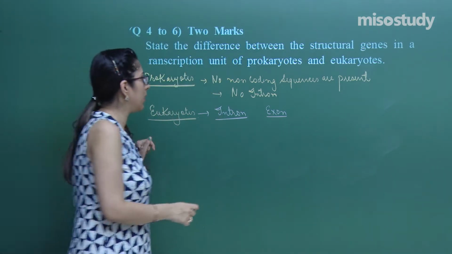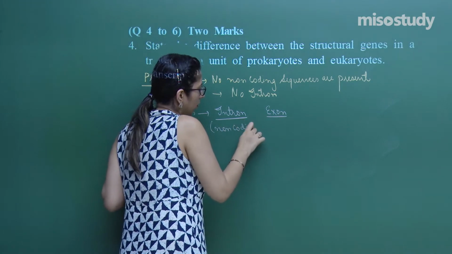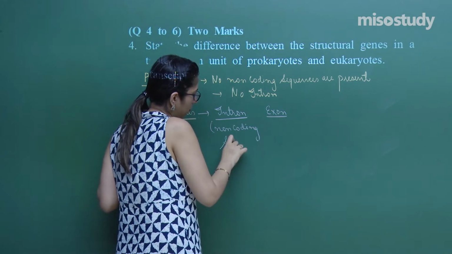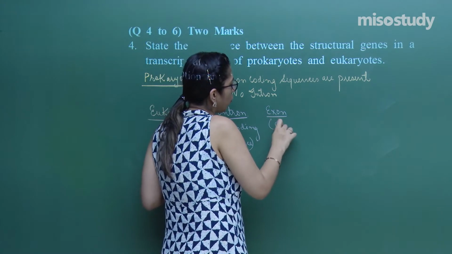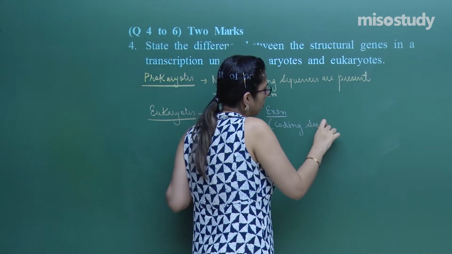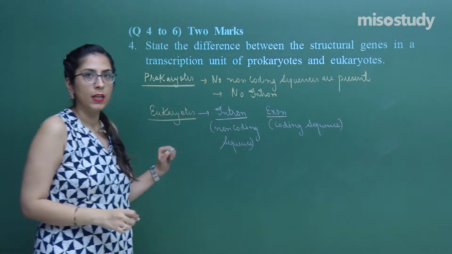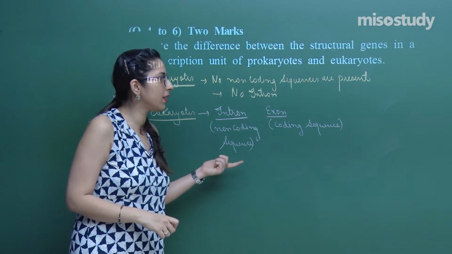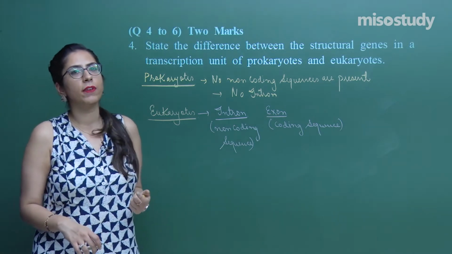Introns are called non-coding sequences, whereas exon is called coding sequences. There is a difference in the significance of each of these. Even when we say the introns are there, and today we know they are non-coding sequences, they do have a certain significance as well.